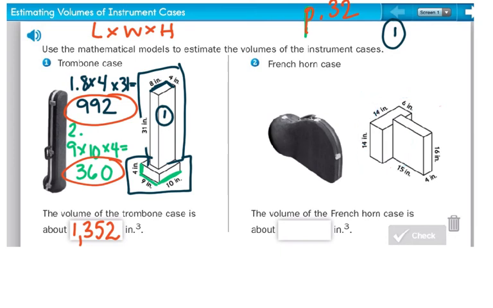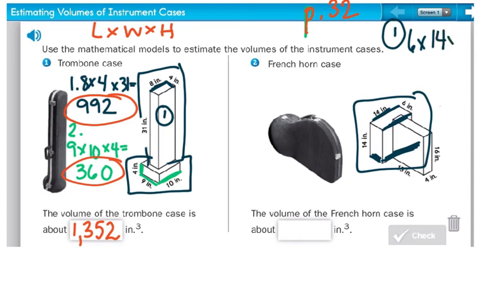So looking at just number 1 here, the length is 6. The width is this right here. And remember, opposite sides are the same length, so these would all be the same. That's where I'm getting the 14 from.